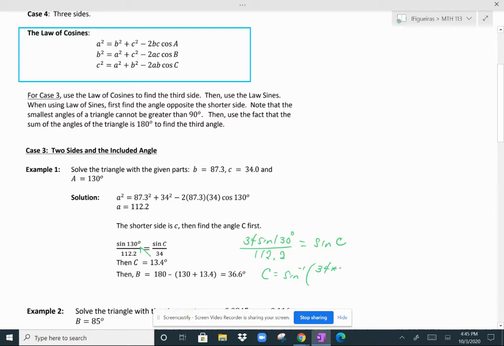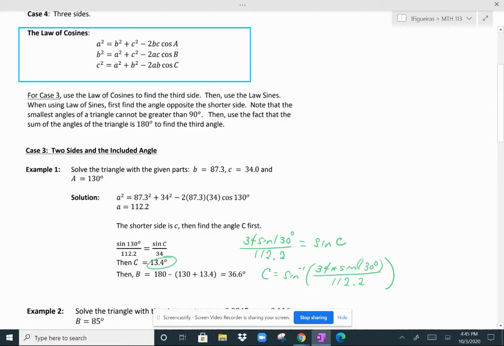You do 34 times the sine of 130 degrees, in parentheses, divided by 112.2, and all of it goes in parentheses to group it for sine inverse. And that will give you the answer 34.4 degrees. Just remember to leave your calculator in degree mode, because we want degrees since angle A was presented in degrees.